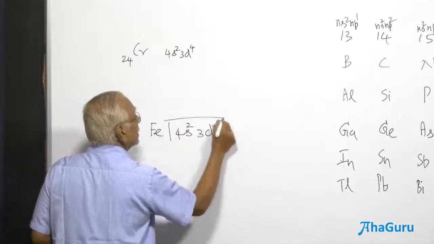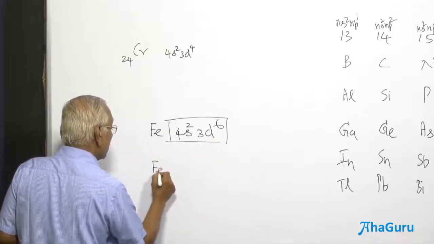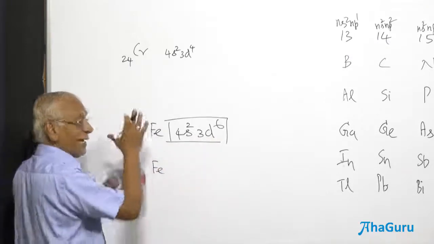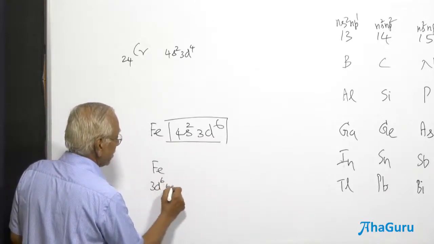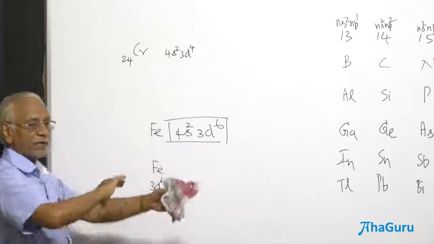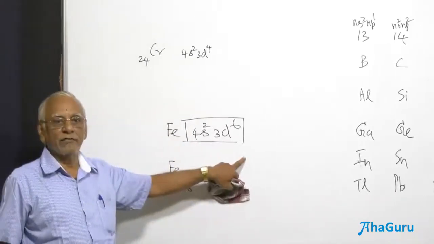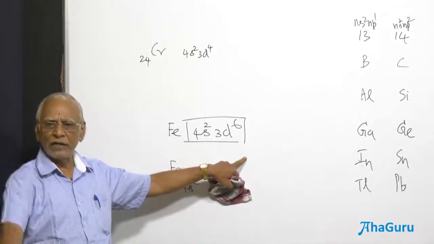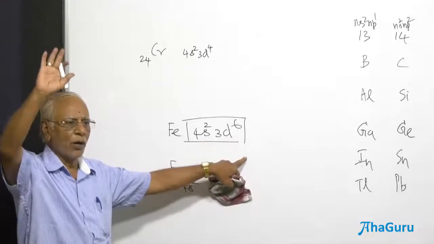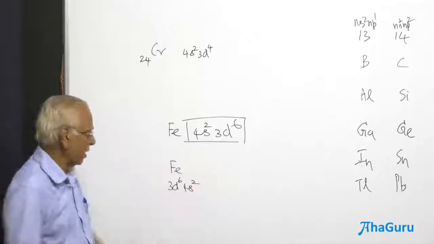After having written this electronic configuration as per the Aufbau principle, you have to write the electronic configuration henceforth as 3d6 4s2 only. We have to revert it. This is only for you to know the electronic configuration.